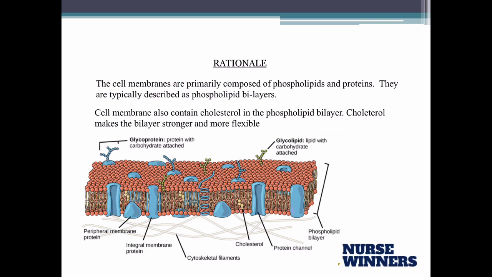They are typically described as phospholipid bilayers. Cell membrane also contains cholesterol in the phospholipid bilayer. Cholesterol makes the bilayer stronger and more flexible. So in this diagram you can see cholesterol, phospholipid bilayer and proteins.